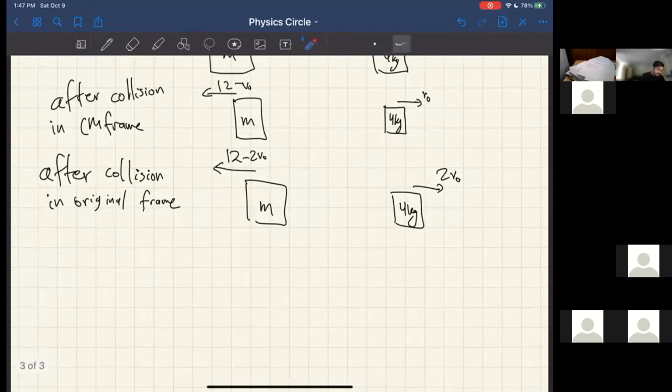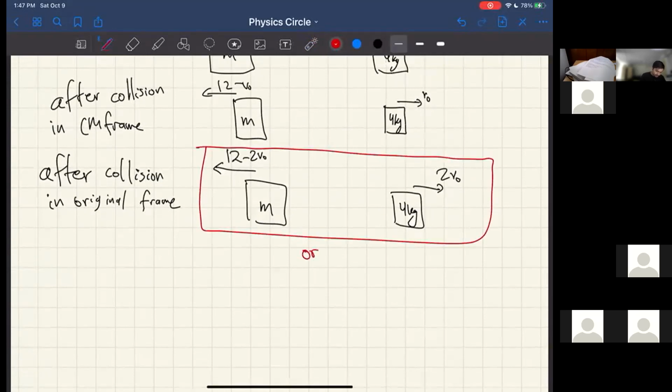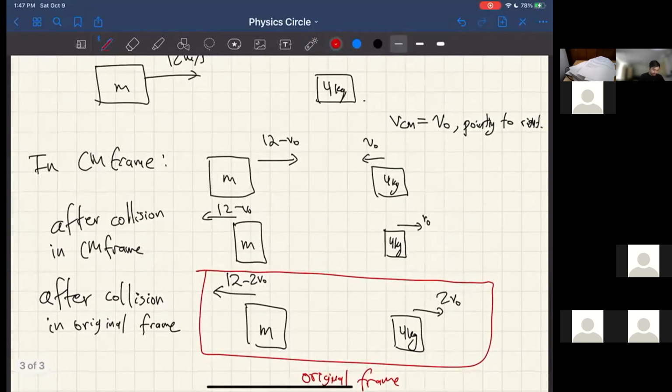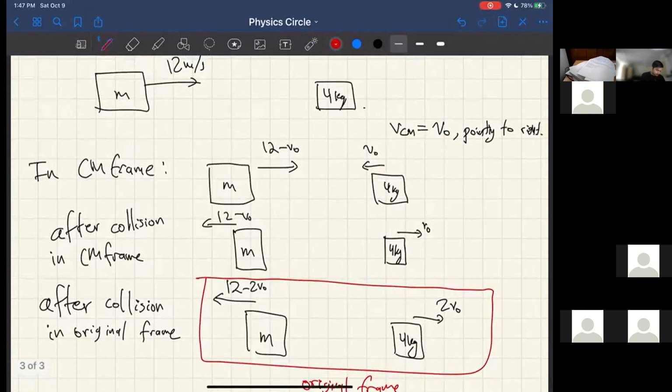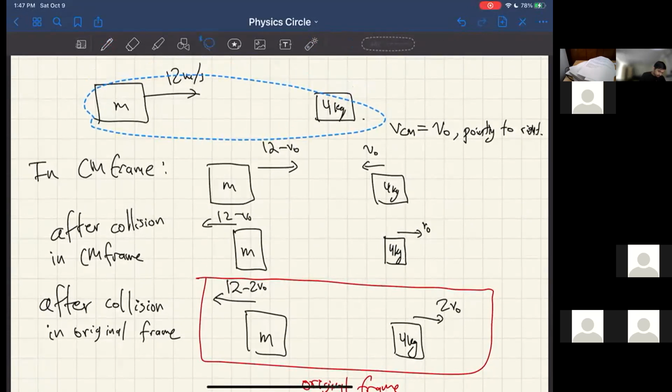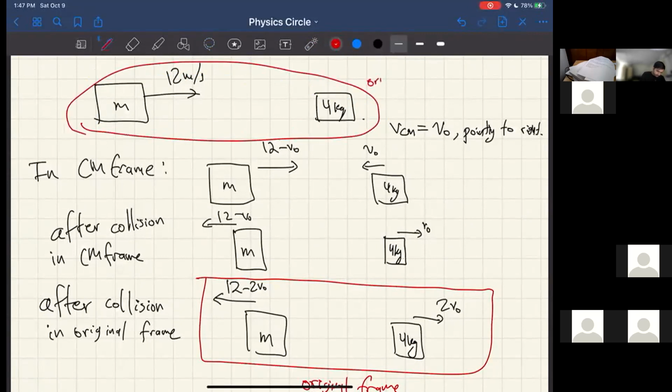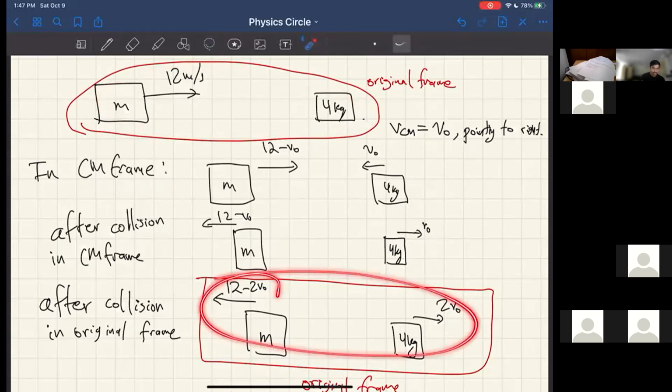What we got is that at the end, the system looks like this in the original frame. This is the diagram in the original frame. And then by using the center of mass frame as an intermediary, we just see that this guy goes from here to here, where V0 is the center of mass velocity.